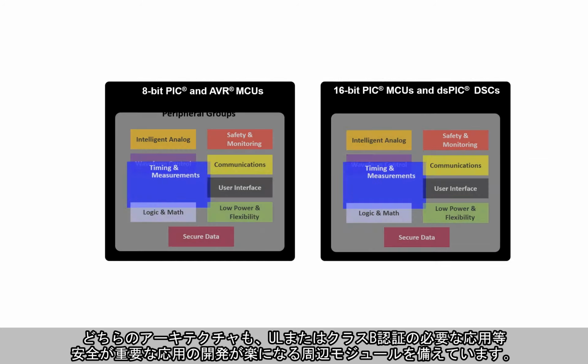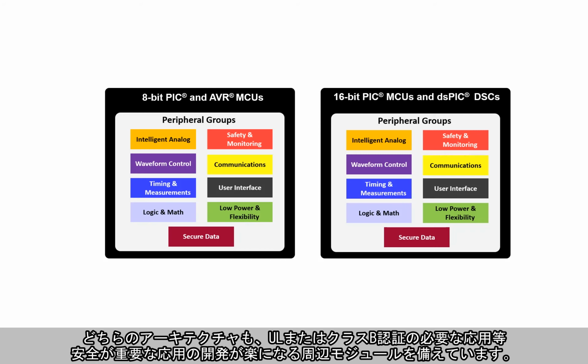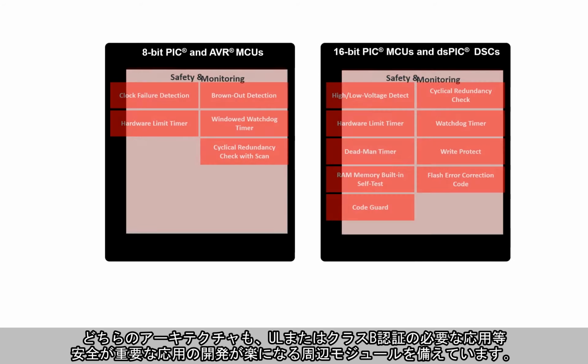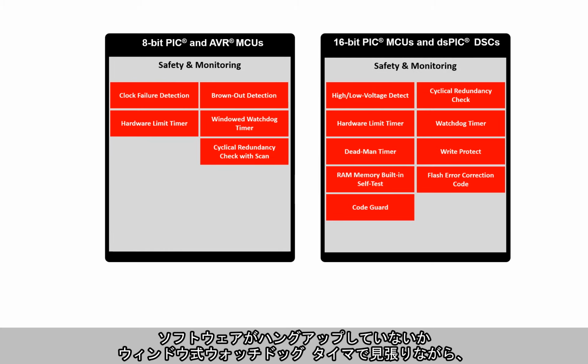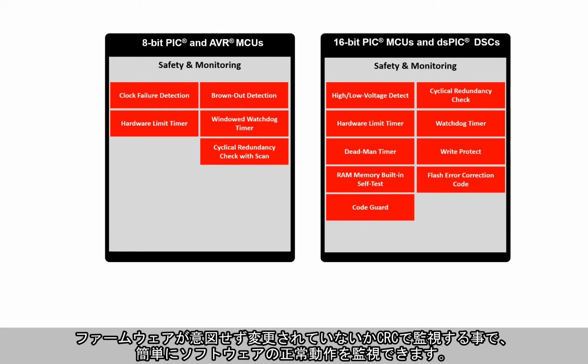Both architectures also include peripherals designed to ease the development of safety-critical applications, such as those requiring UL or Class B certification. Monitoring of software integrity is made easier using cyclic redundancy checkers to monitor for inadvertent changes to application firmware, while windowed watchdog timers eliminate software hang-up conditions.